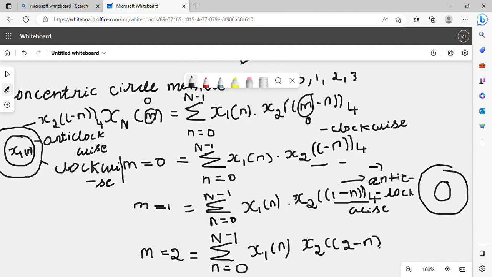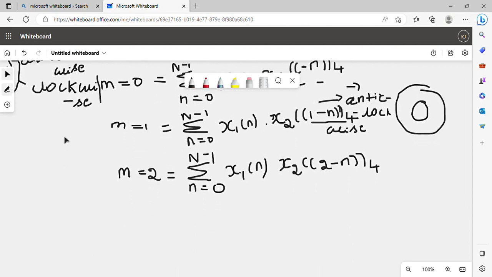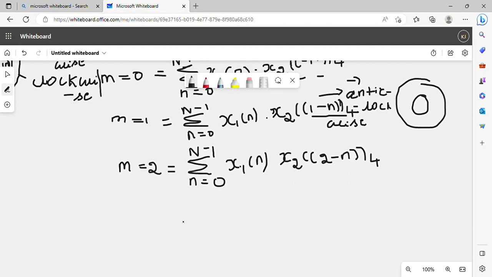Yes, of 4. So both are anti-clockwise, and if you come to m is equal to 3, this one, that is n from 0.